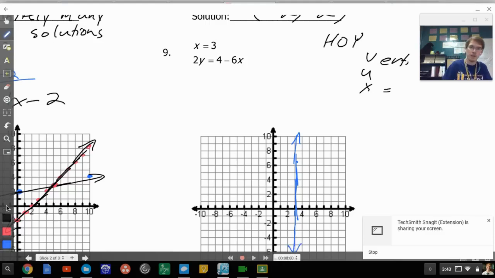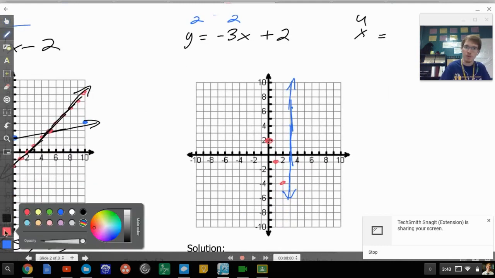Okay, and this one right here, I need to just get y by itself. So I'm going to box in the y term, divide by 2. And I'm also going to rearrange it, by the way. I'm going to have y equals negative 3x plus 2. So for that one, I'll start at plus 2, down 3 over 1, down 1, 2, 3 over 1.